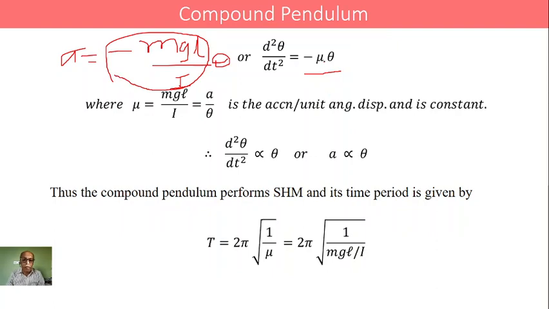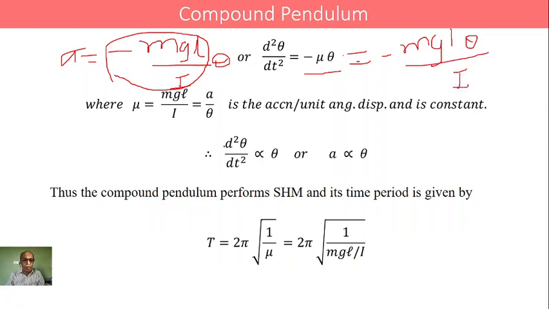Therefore, minus mu equals minus mgl by I, and mu into theta is equal to mgl theta by I.